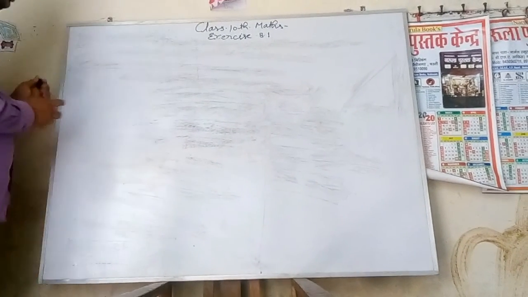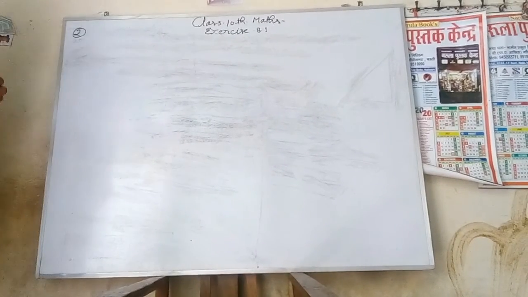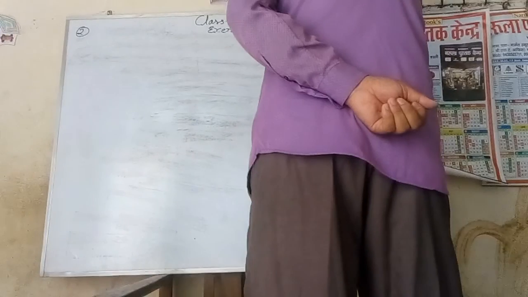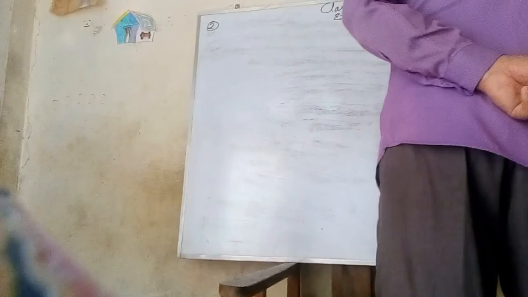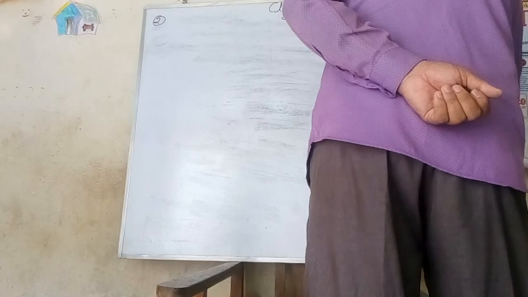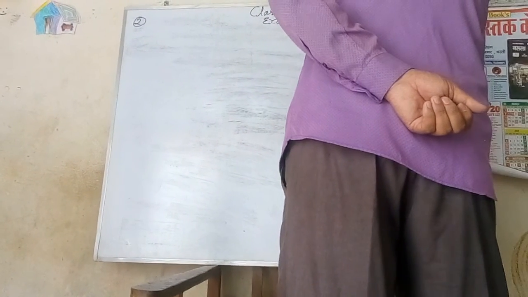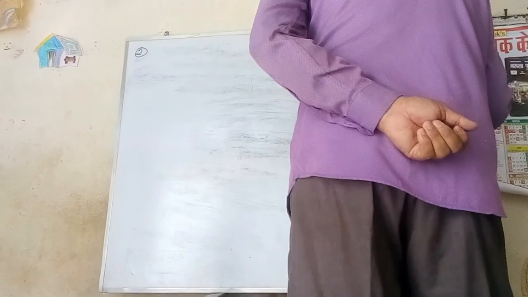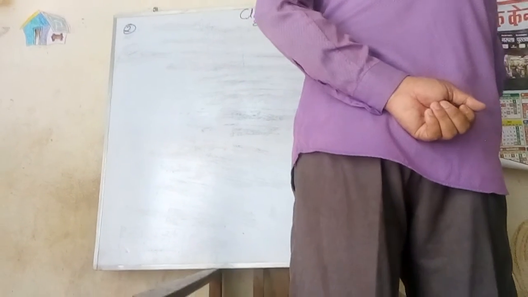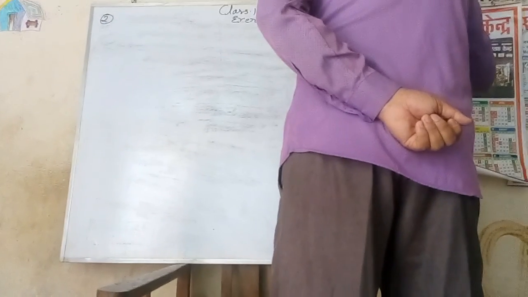now in second question. In second question, figure is already given. PQR. Q is 13 centimeter.